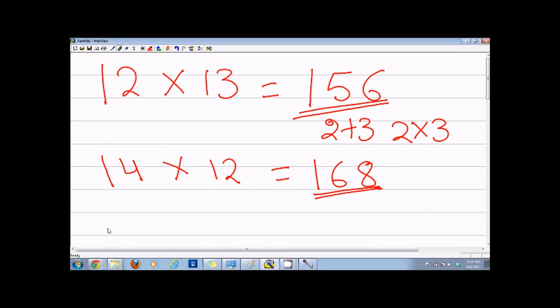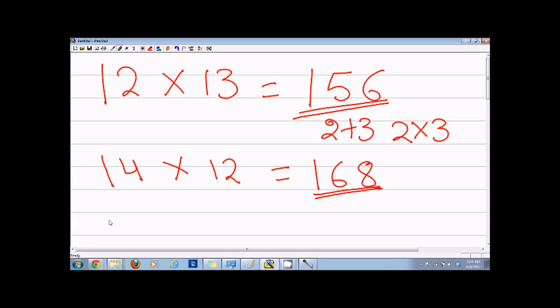Now there is one problem: if we multiply the digits and it's not a single digit but a two-digit number, then we would have to look at the trick.